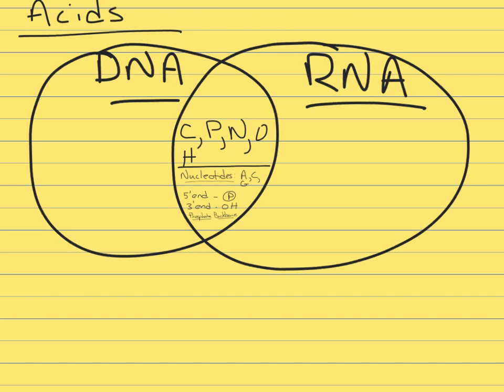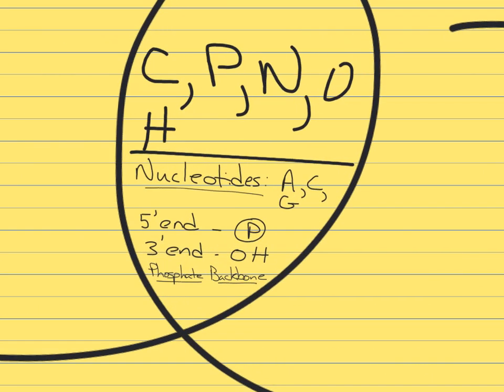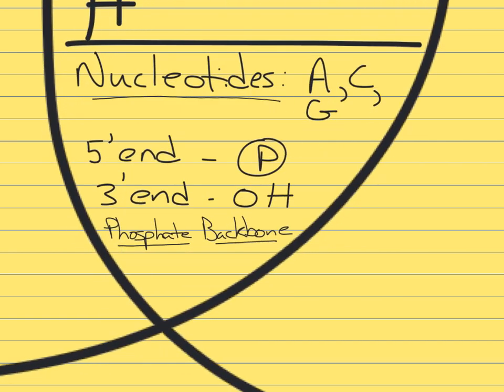So a phosphate backbone, 3', nucleotides. What else? All right, so that's it. So that's DNA and RNA. There's something else that they both do. They both do something called hydrogen bonding.